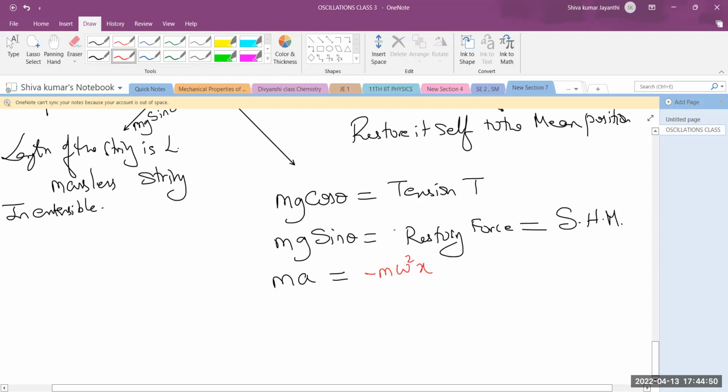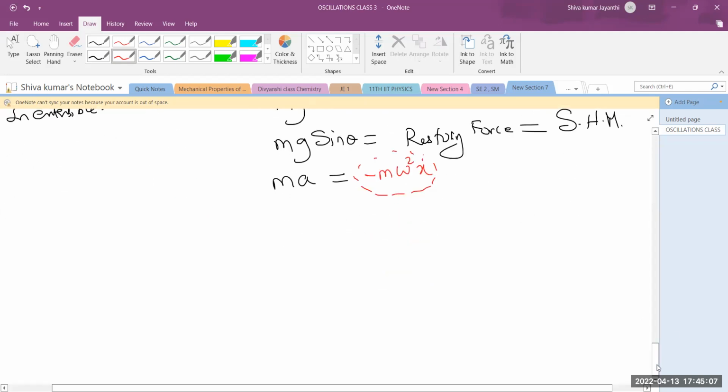Then only we can say it's really in S.H.M. It should form this way. It's oscillating, no doubt about it, but whether it is S.H.M. or not, we still don't know.